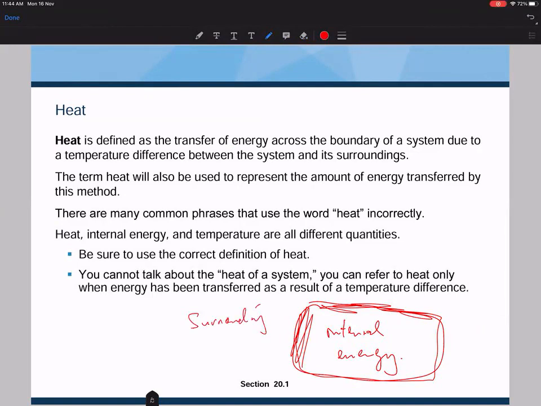Now, what is heat? According to the definition of thermodynamics, it refers to the movement of energy. It refers to the transfer of energy due to a temperature difference between the system and its surrounding.